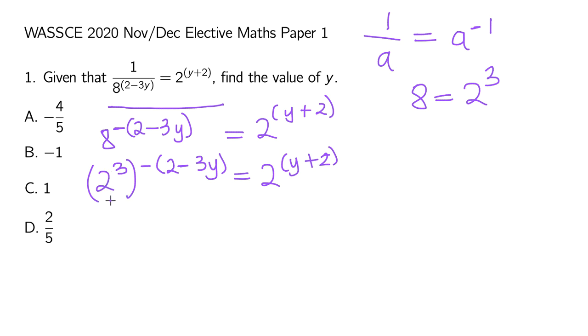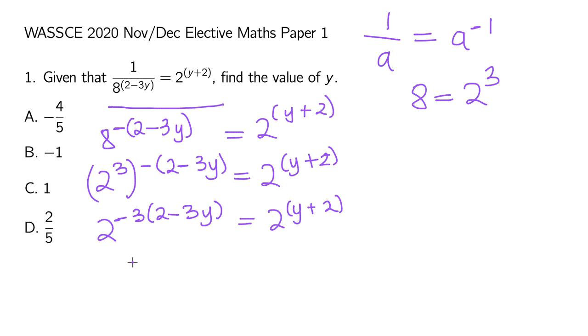When you have the indices written in this way, they multiply. So negative 3 is going to multiply 2 minus 3y. That gives us, on the left-hand side, 2 to the power negative 3 times 2 minus 3y, and this is equal to, again, 2 to the power y plus 2. So now we have the same base on both sides.